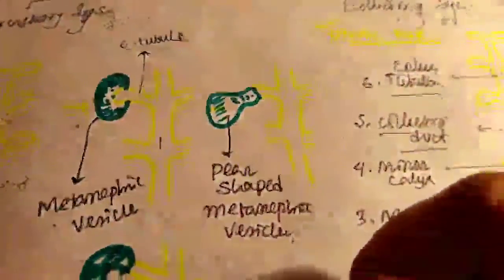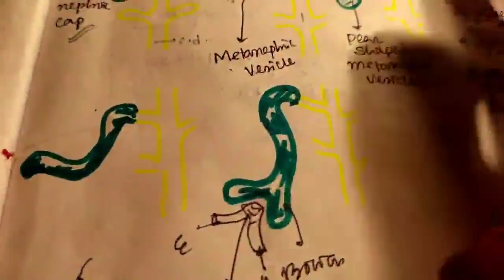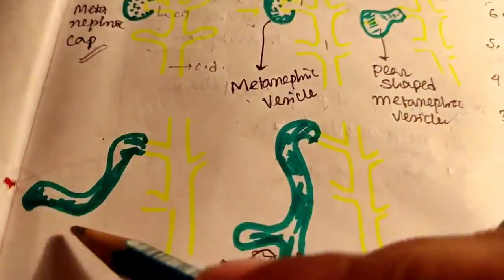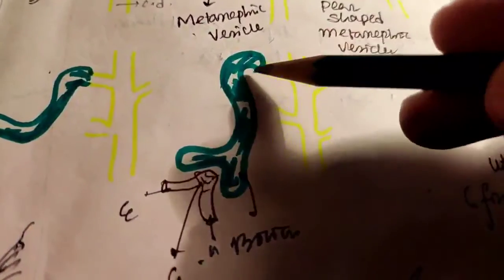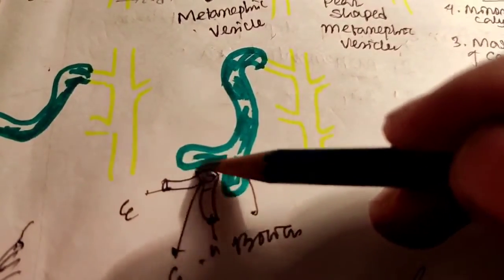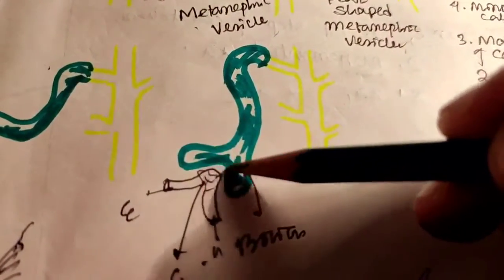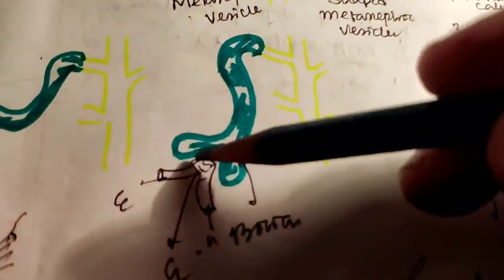So the metanephric cap, then the metanephric vesicle, then the S-shaped metanephric vesicle, and then this leads to the formation of the metanephric tubule. This is your metanephric tubule, and the metanephric tubule invaginates to form a cup-like structure.